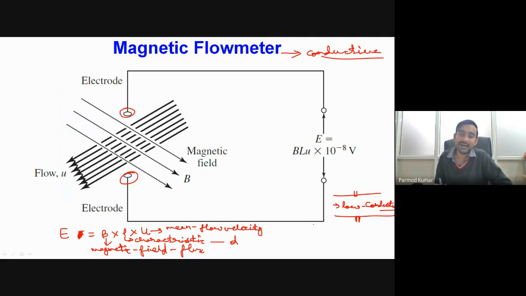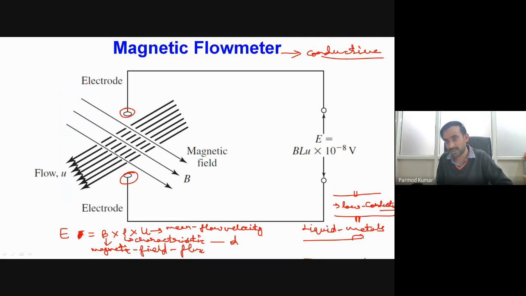Then another situation we may have can be employed for highly conductive liquids like liquid metals. In these cases, we will have a significant amount of output voltage. Under such circumstances, we need not place separate electrode materials.